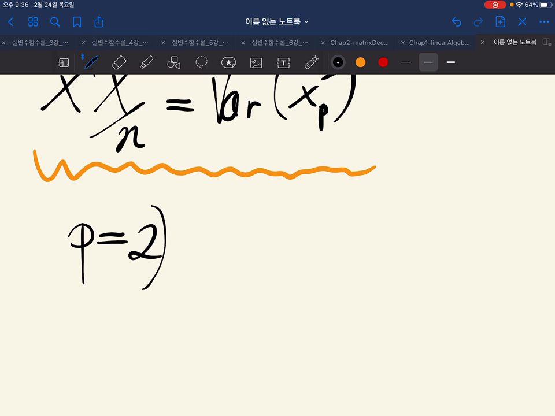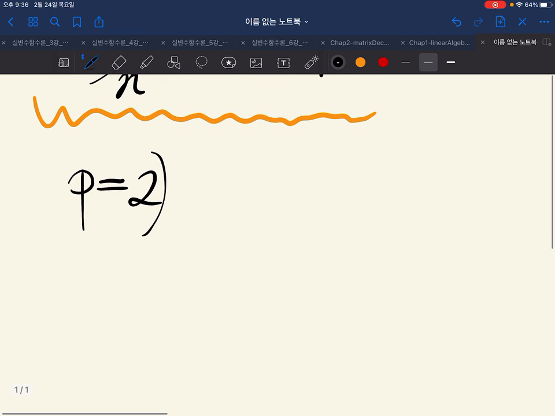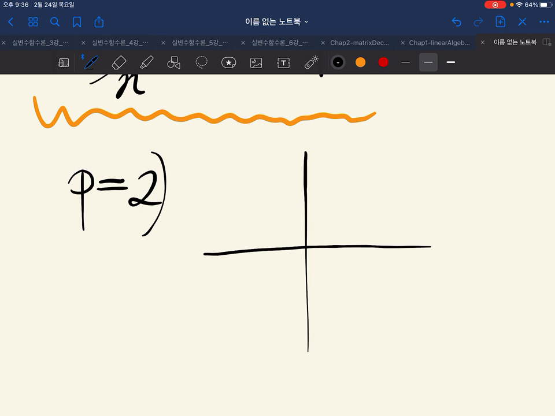For clarity, it can be easily generalized to a P larger than 2. But for the graphical representation, let's see.